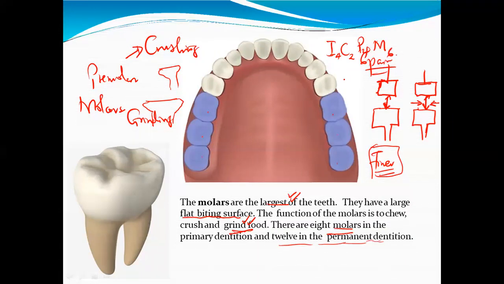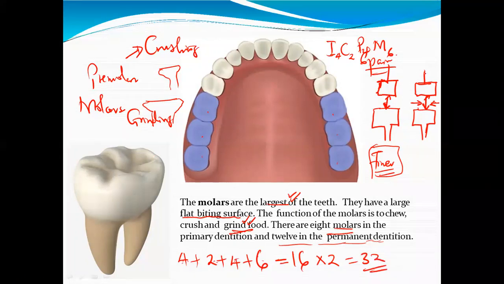So if you do a simple calculation, the 4 incisors plus the 2 canines plus the 4 premolars plus the 6 molars, then what we should be having is a total of 10 plus, have I calculated well? 6 plus 4, 10, 10 plus 6, that becomes 16, and as they are pairs, multiplied by 2, we have 32. Okay, yeah. So that is what basically we will be having.